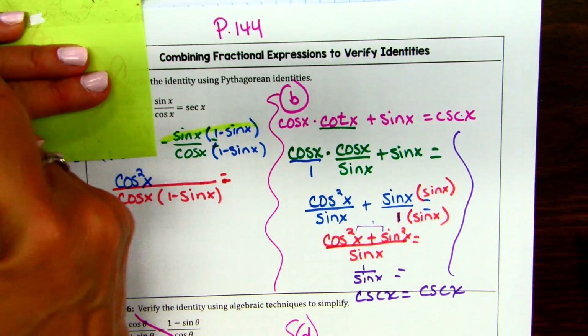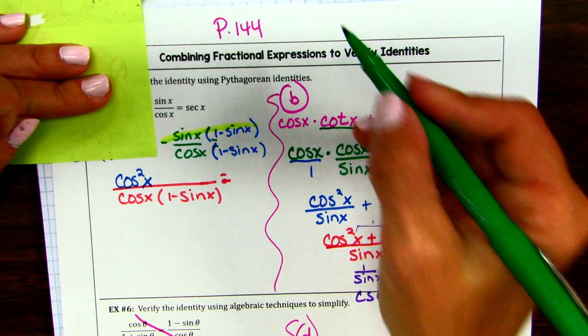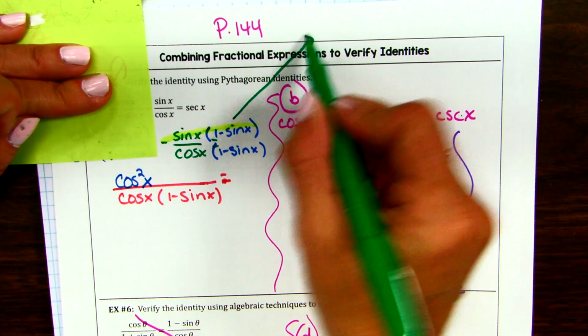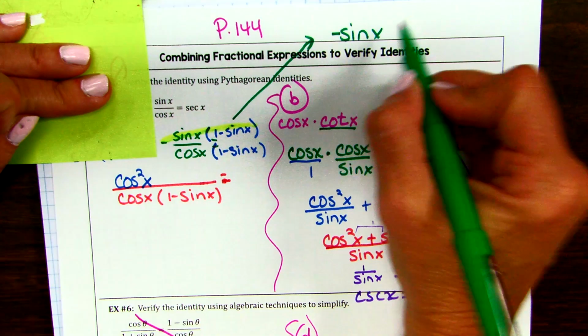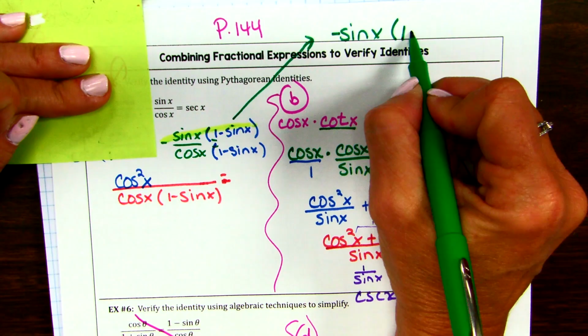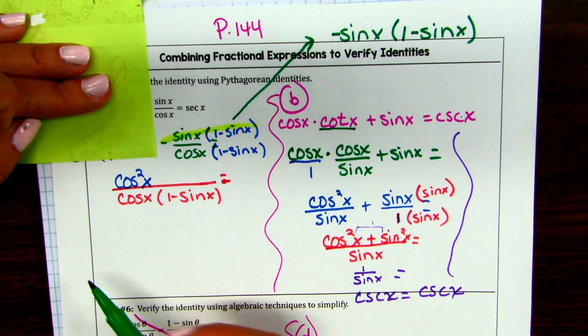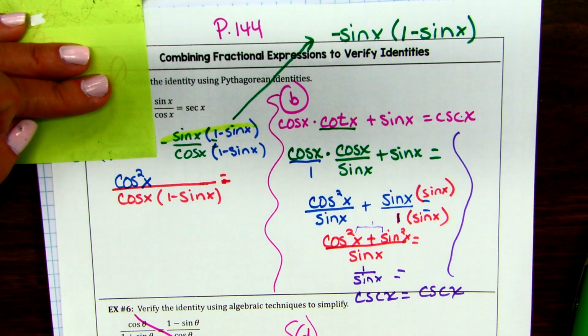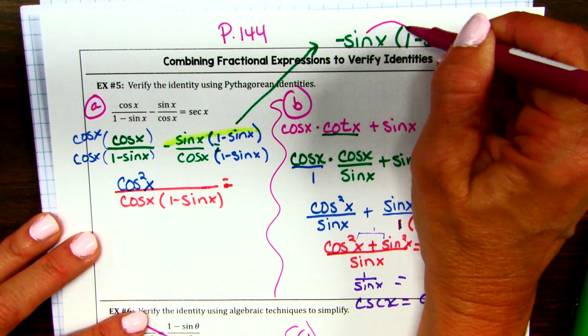I have to multiply that: negative sine x distributed into 1 minus sine x. Guys, I just like to have a little bit of room, so I'm just going to go up here and do it. Negative sine x is on the outside, 1 minus sine x on the inside. Lots of fancy math here. Lots of things you have to think about. We're adding, we're subtracting, we're multiplying. Okay? So I'm just distributing.